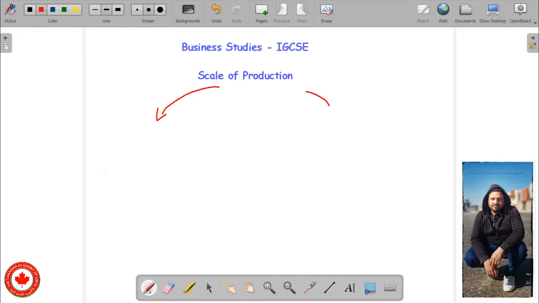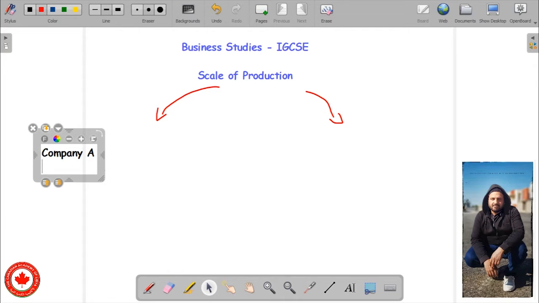Imagine with me this before we dive into the concepts that we have some company, company A. Company A is producing, let's say, an annual output of, I don't know, 10 million units for an example.